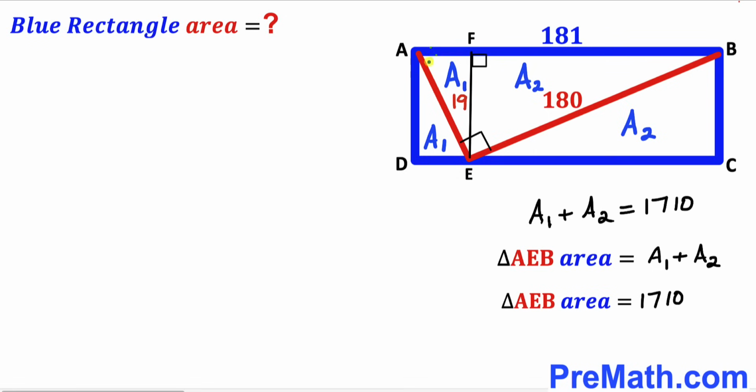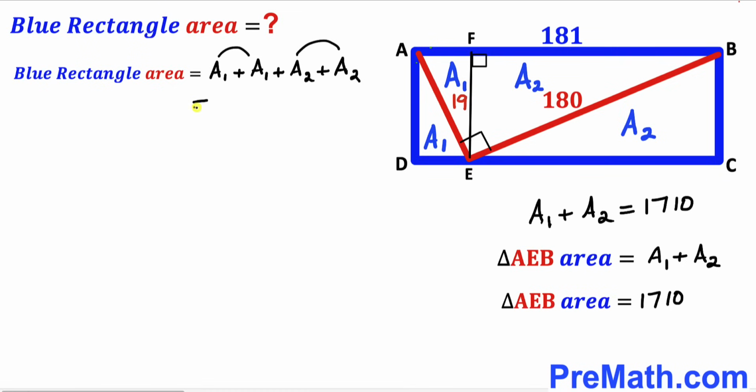So we conclude that the area of this whole blue rectangle ABCD is going to be the sum of all these individual areas: A sub 1 plus A sub 1 plus A sub 2 plus A sub 2. If we combine these like terms, we can write 2 times A sub 1 plus 2 times A sub 2.